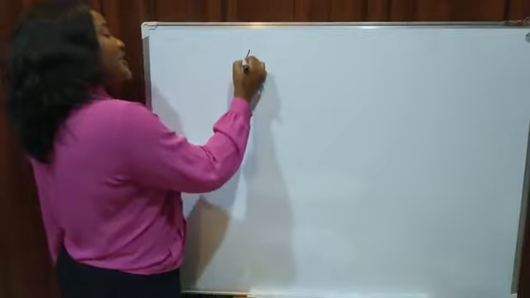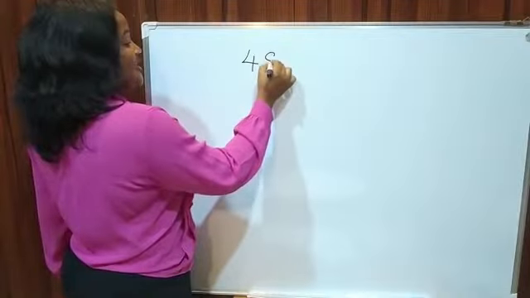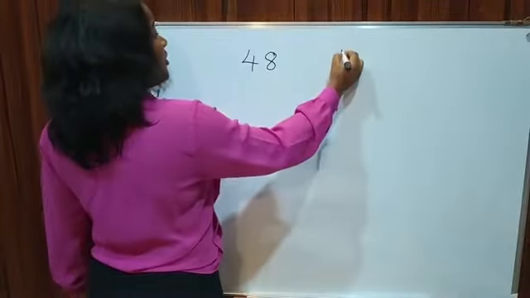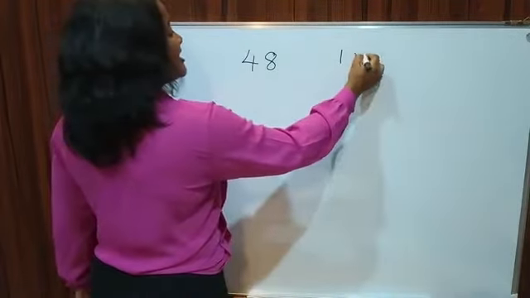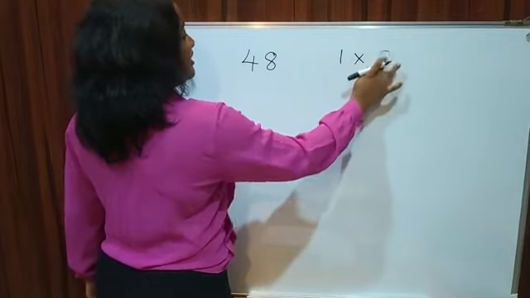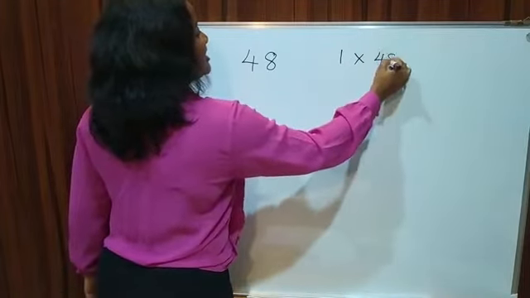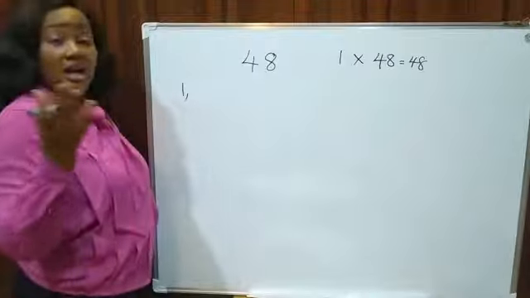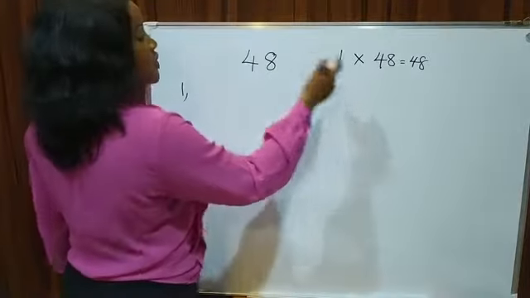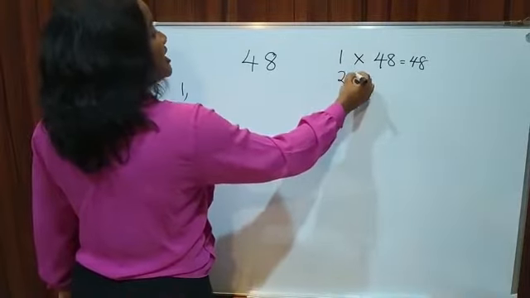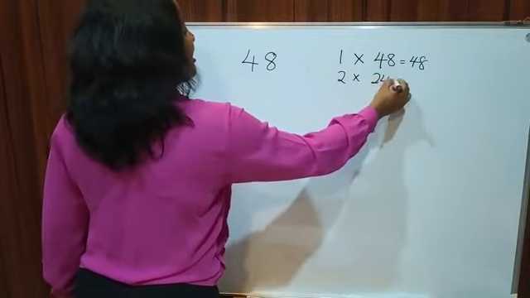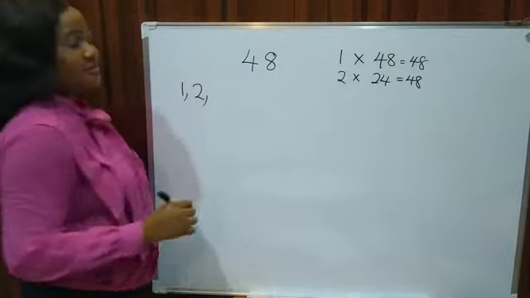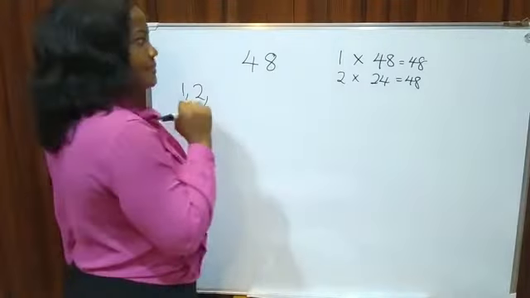So let's find the factors of 48. We are sure of 1. 1 times 48 equals 48. Okay? It's an even number, so 2 should go. So 2 times what? 2 times 24 equals 48. Is it divisible by 3?